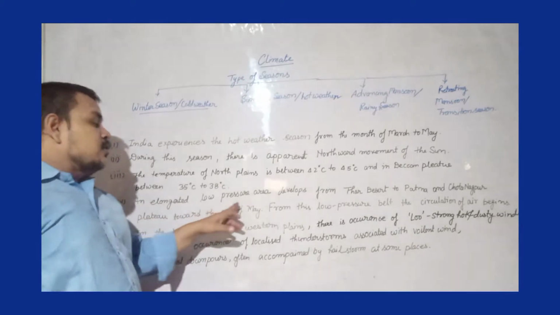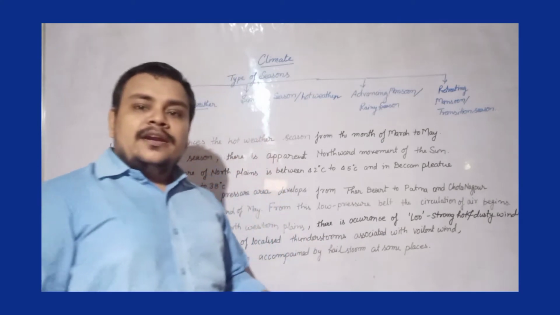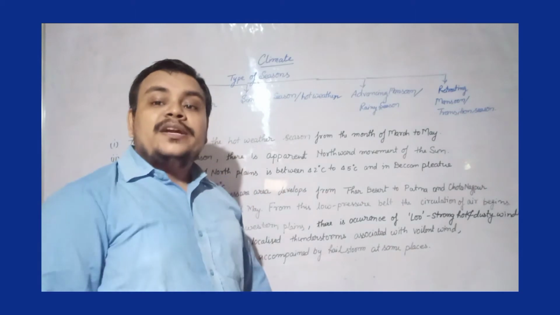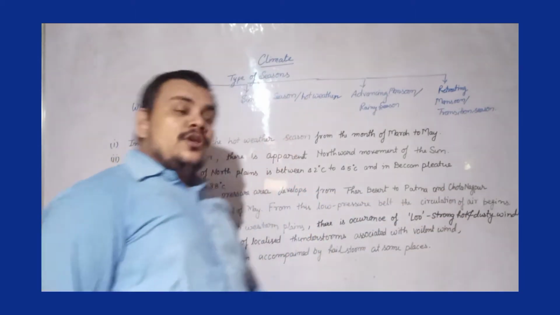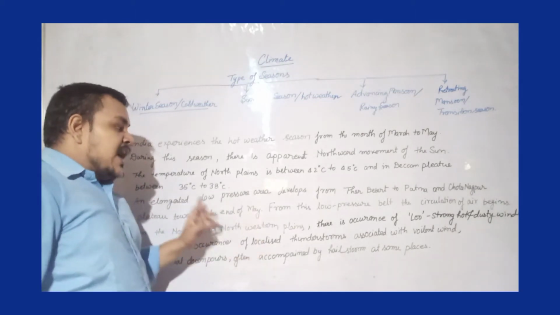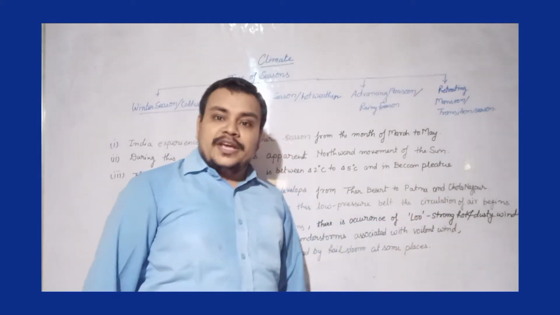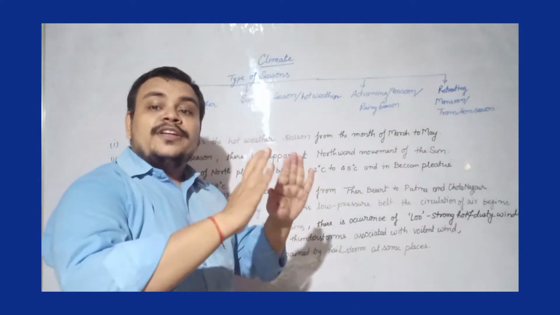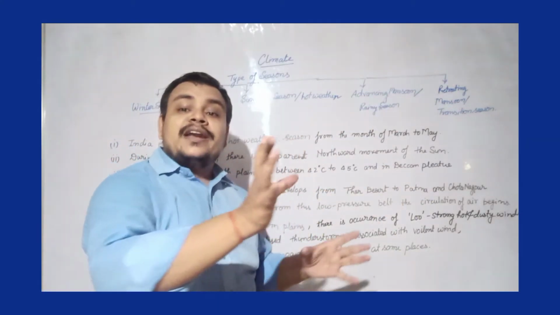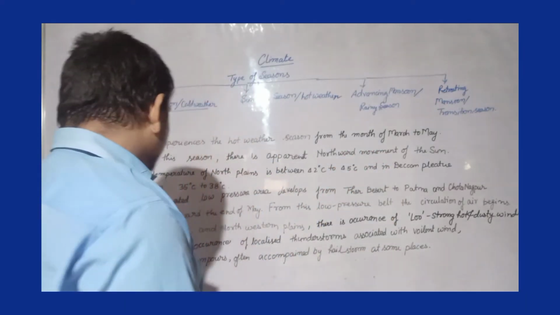An elongated low pressure area develops in the Thar Desert, and it moves toward Patna and the Chota Nagpur plateau toward the end of May. From this low pressure belt, the circulation of air begins. The hot weather moves from Rajasthan, the Thar Desert, to Patna and other parts of the country, including the Chota Nagpur plateau.